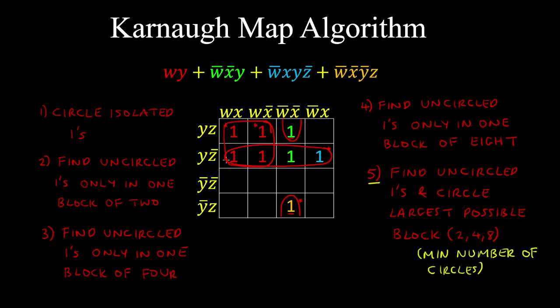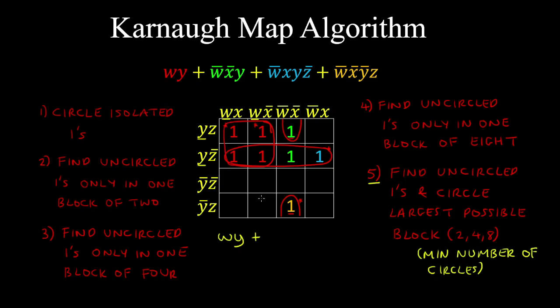So the group of 4 on the left hand side gives us W, Y. So remember that W and Y here is common between these 4 ones.